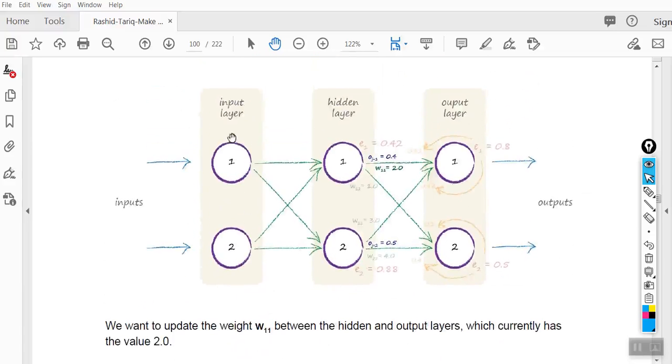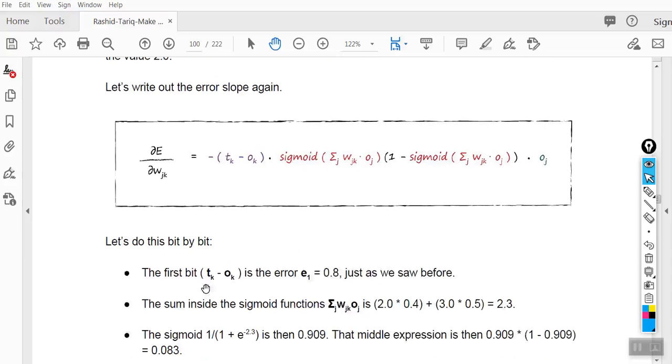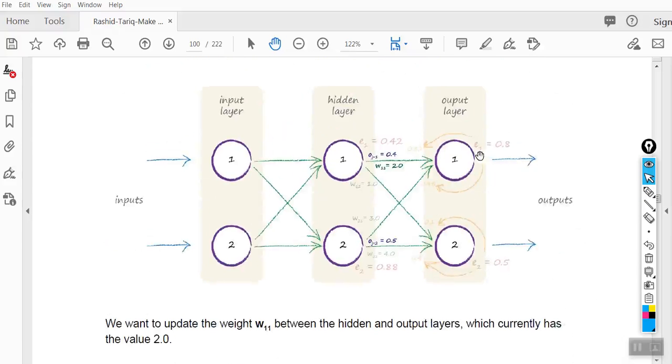Consider a three-layer neural network: input layer, hidden layer, and output layer, and in each layer we have two nodes. We calculated the error of each node by this equation, target minus O K, and after calculation we achieved that E1 is 0.8, E2 is 0.5.